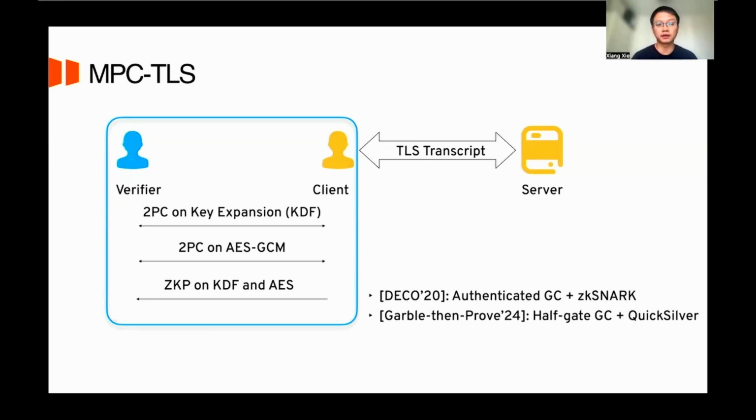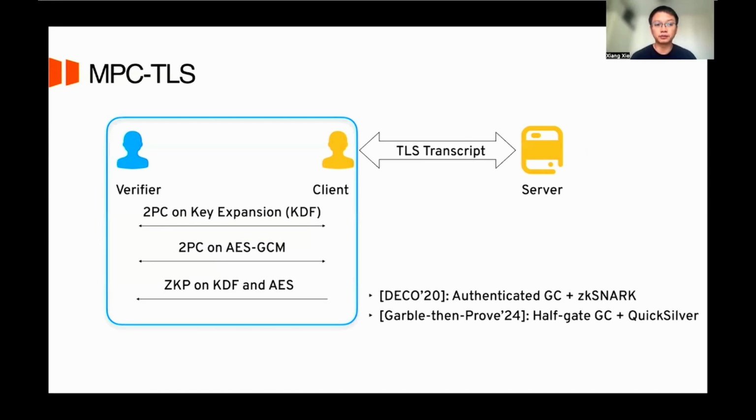The other thing is when they go to the record part, if the client wants to send encrypted data, then the verifier and the client have to run 2PC on AES-GCM, because at this time the client and the verifier do not have the entire session key, so they have to run this 2PC protocol.